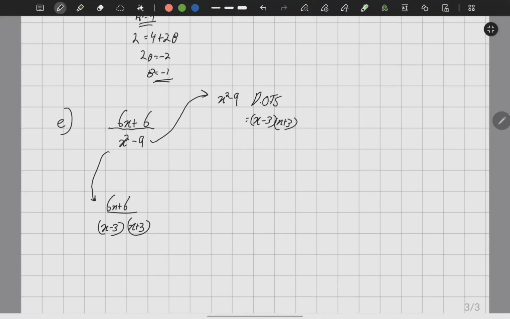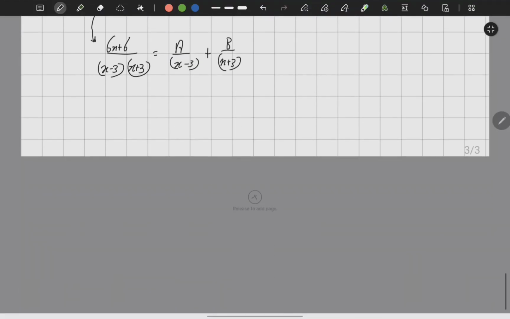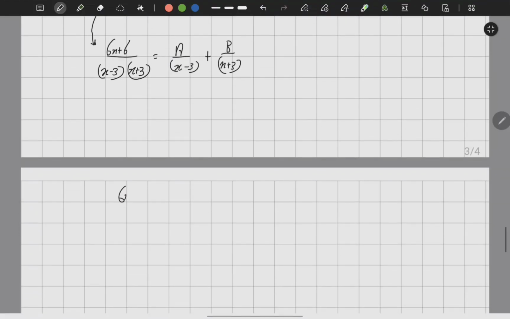So the next thing we can do is the same as all the other questions. This can be written as a over x minus 3 plus b over x plus 3. And this is standard, same as before. We compare the numerators. 6x plus 6 is equal to a lots of x plus 3, plus b lots of x minus 3.